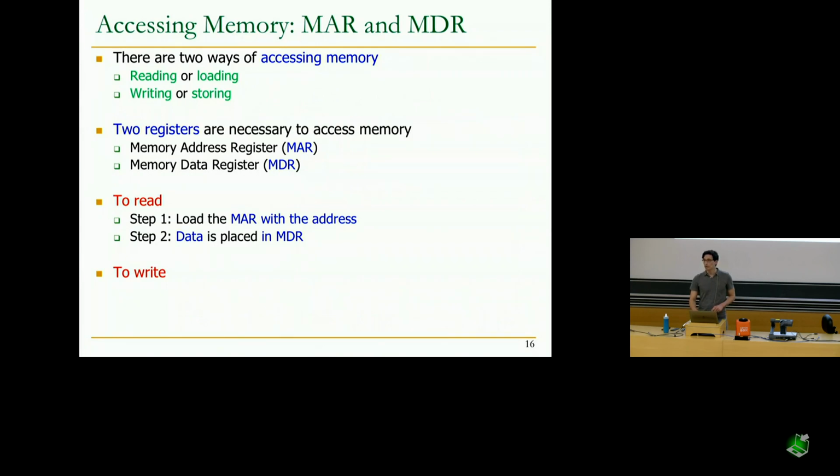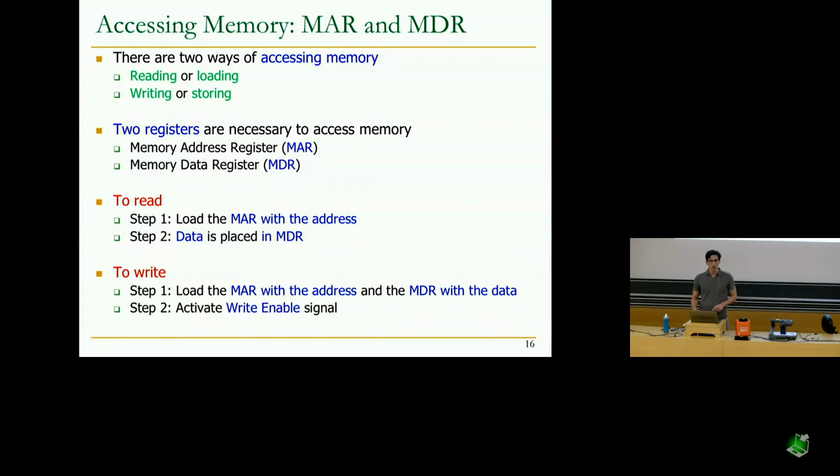If we want to write, what we are going to do is in some ways the opposite operation. In step 1, we will load the address into the MAR, and also, because we want to write something, we need to put this data into the MDR.